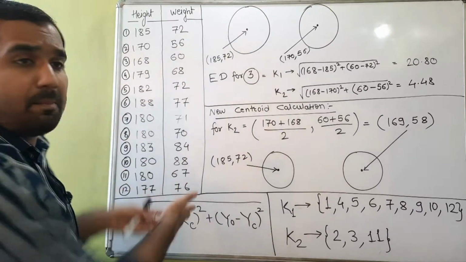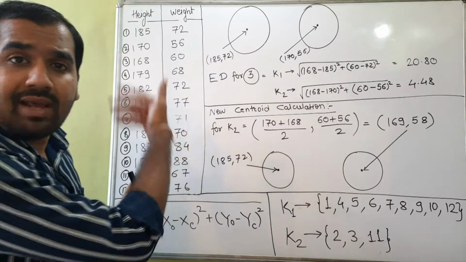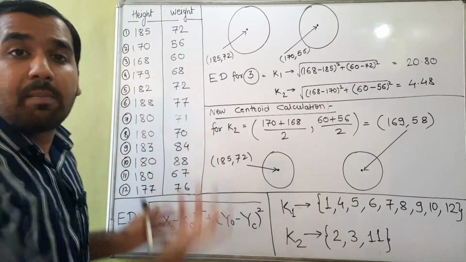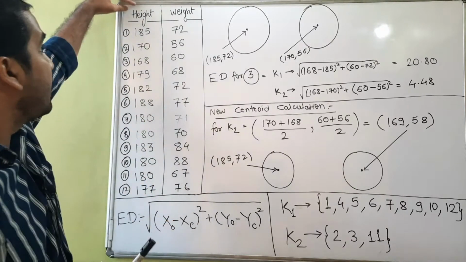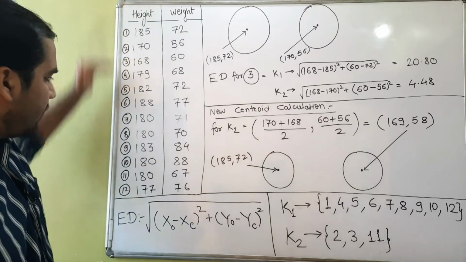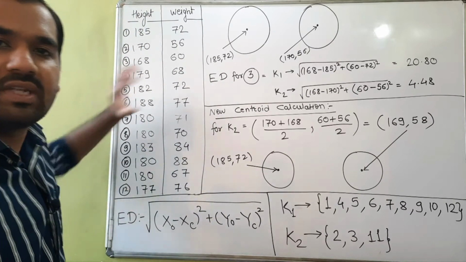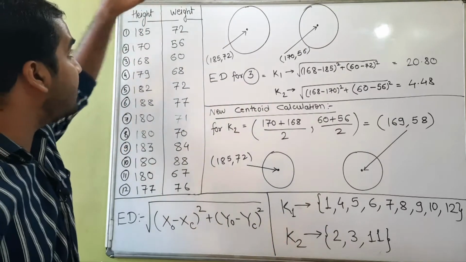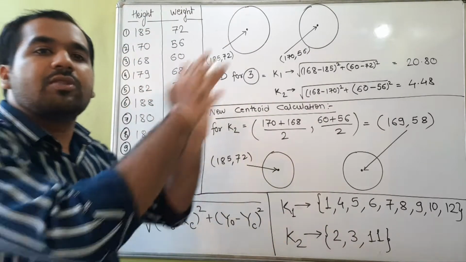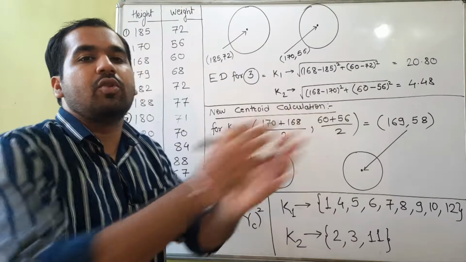You can see this is a simple data set, with no target or dependent variable and no label. There is only height and weight, and there are 12 samples, or data points, in your data set. You can generalize this also, taking x, y, z like that. So this would be the data set that is given to your algorithm.